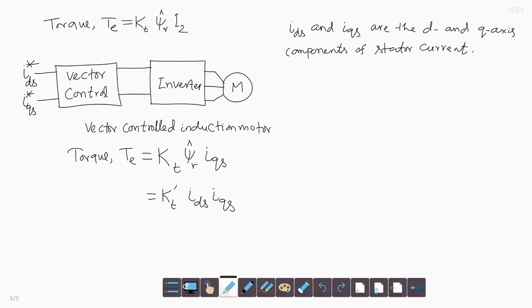As I have mentioned D and Q axis components, so we have considered a synchronously rotating reference frame.